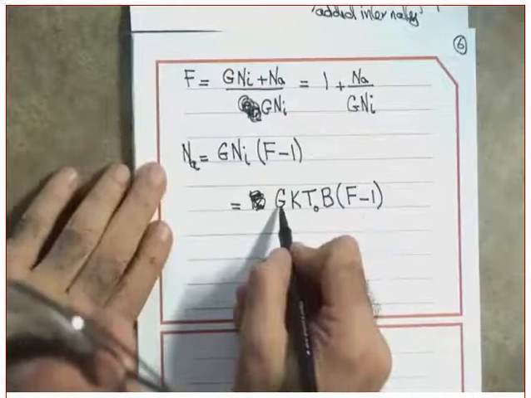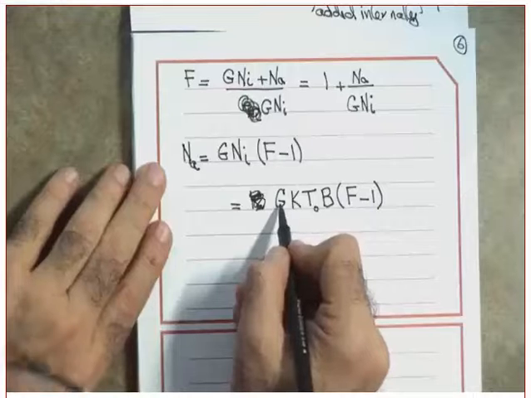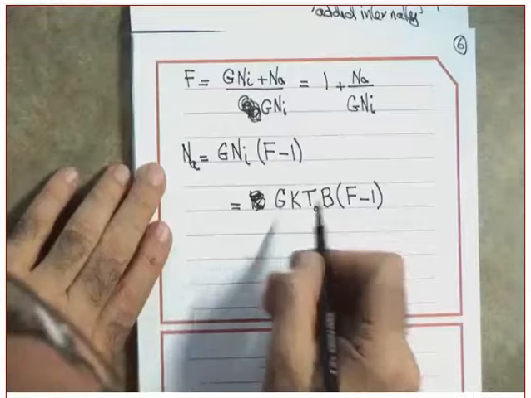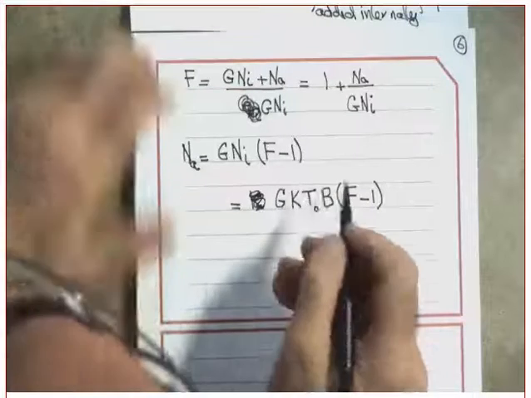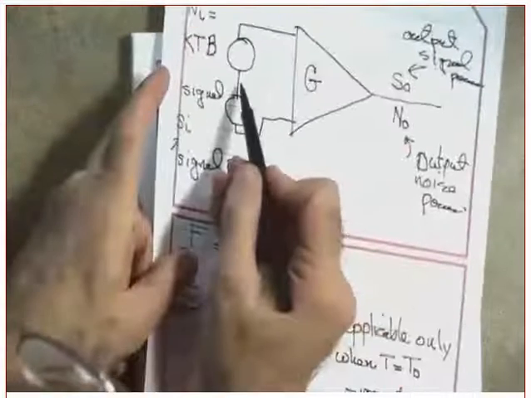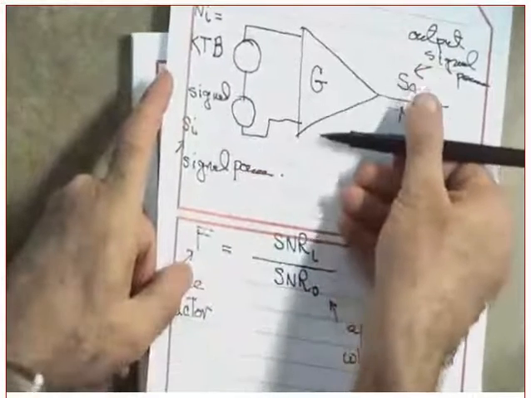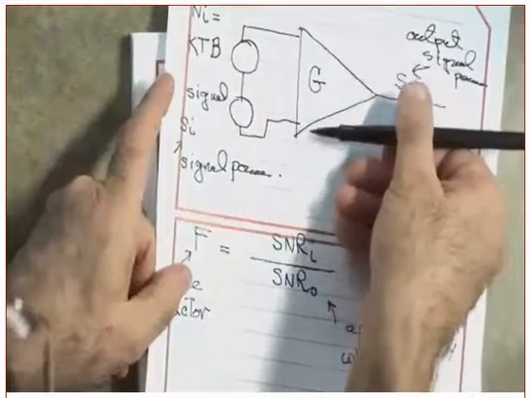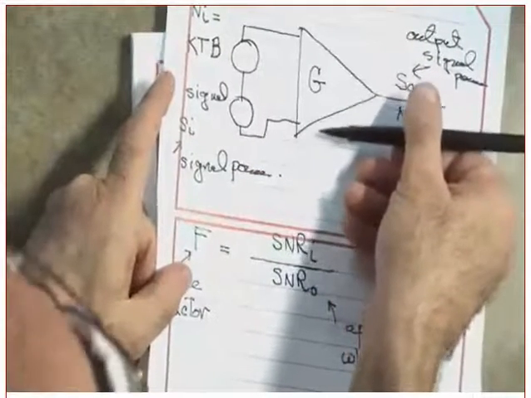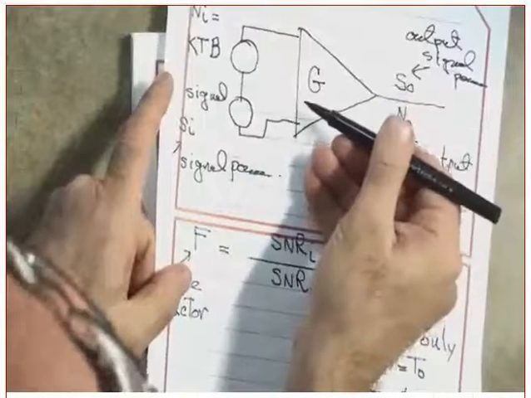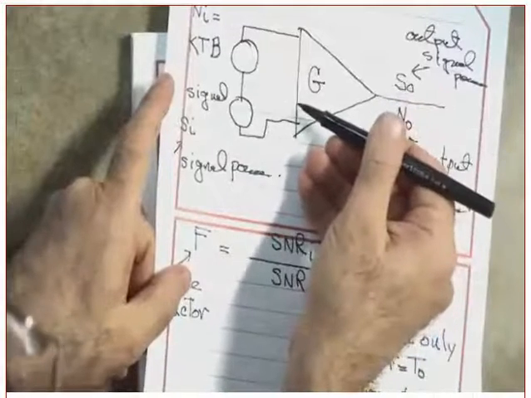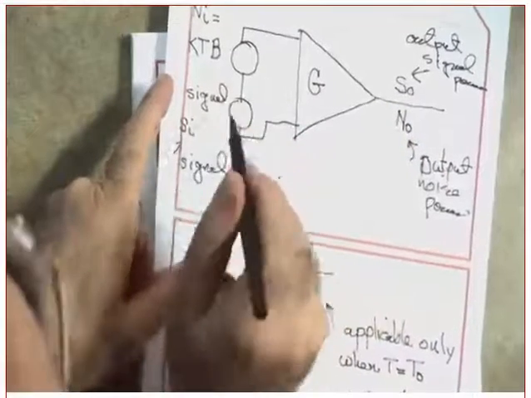The G is the gain of the amplifier. It means as if I had another source here. In other words, the noise that has been added internally is equivalent to a noise being generated at the input.